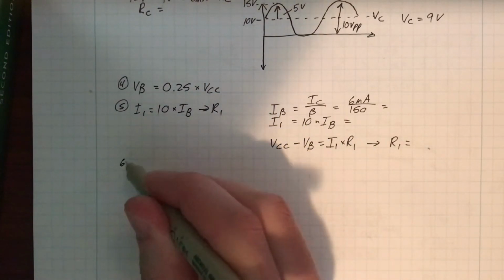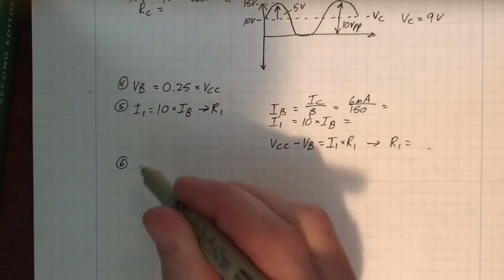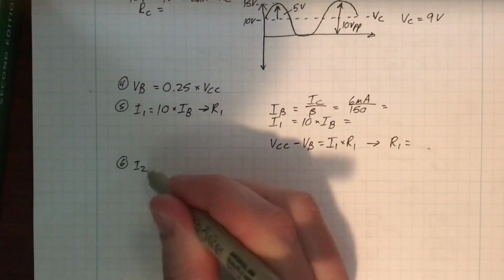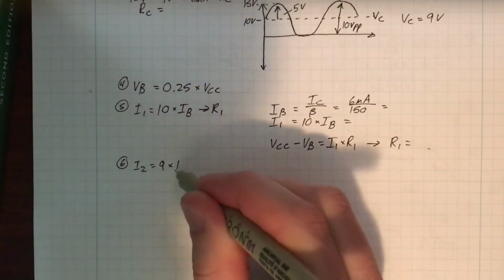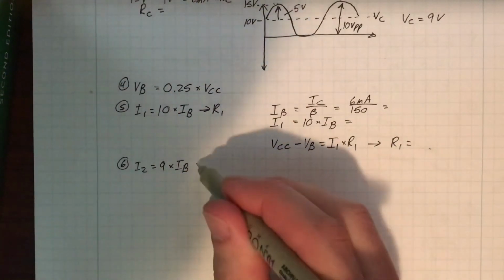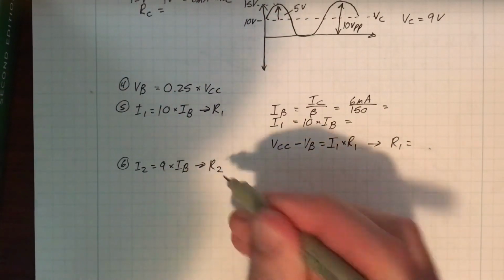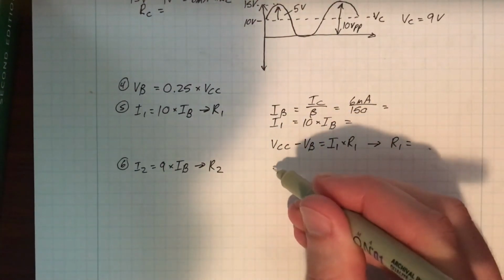Part 6 is pretty similar for R2. So I2 is equal to 9 IB, and figure out R2. You can do the same steps here. We've already calculated IB in the previous part.